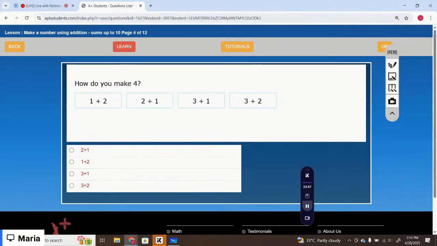How do you make 4? Option number 3 is the correct option. That is 3 plus 1. 3 plus 1 makes 4.